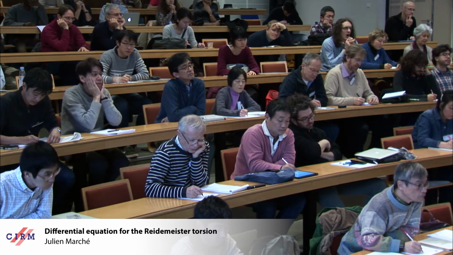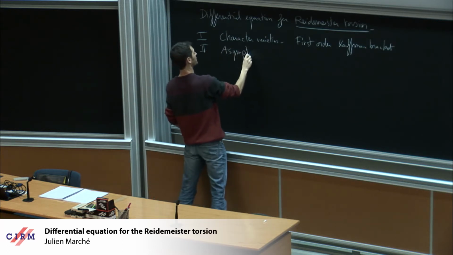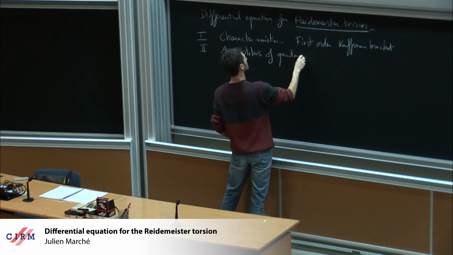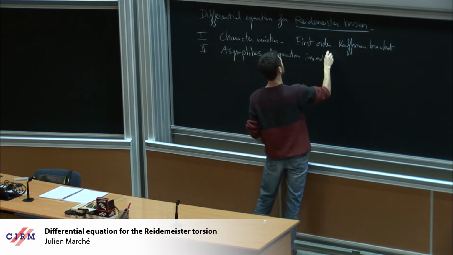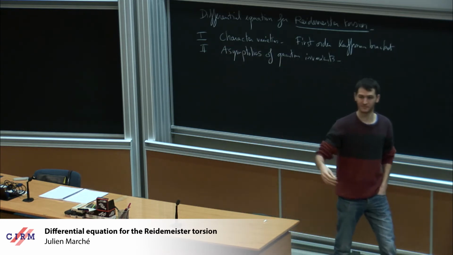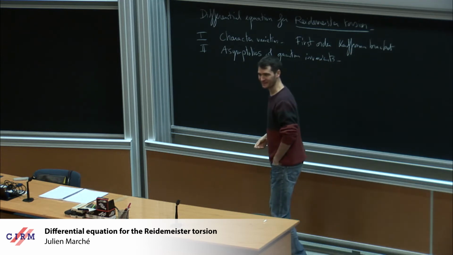And the second part will be about asymptotics of quantum invariants. It is indeed the motivation for the first part, so be patient if you don't understand why I'm interested in the first part.